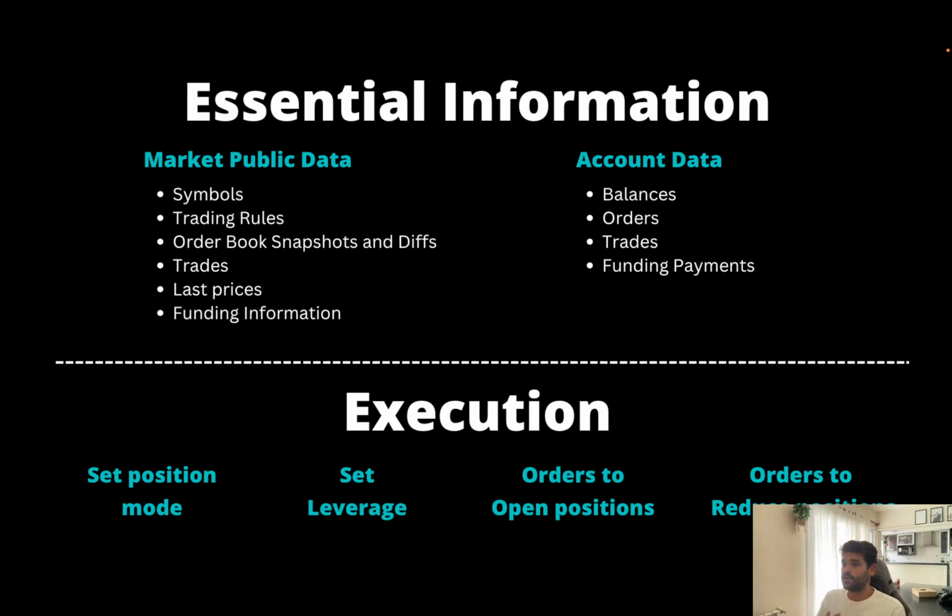Then we have the order book snapshots and diffs. This works because when you make the first request of the order book, you get the complete order book, and normally the exchanges then send you the diffs. Instead of giving you the full information of the order book again, because it's very big, it sends the information that, hey, at this price, this quantity of tokens was removed, or at this price, this quantity of tokens was added.